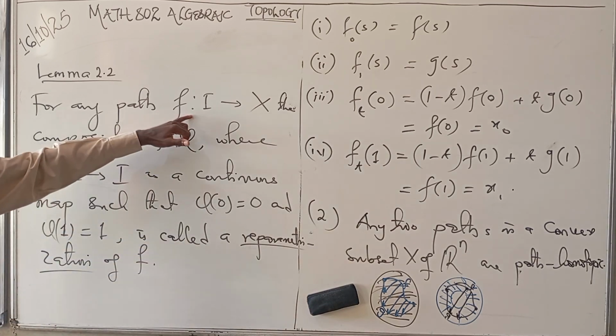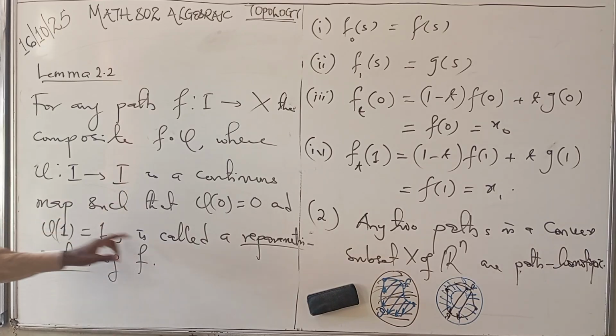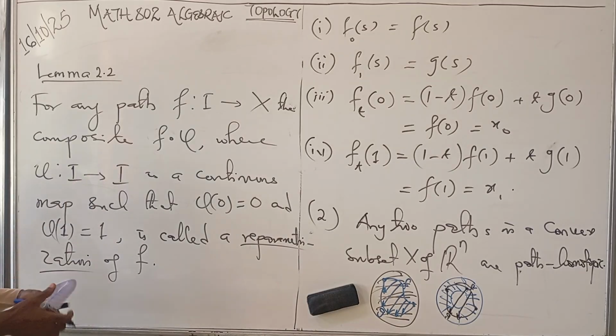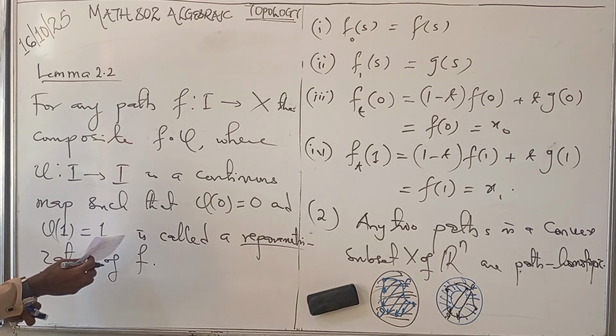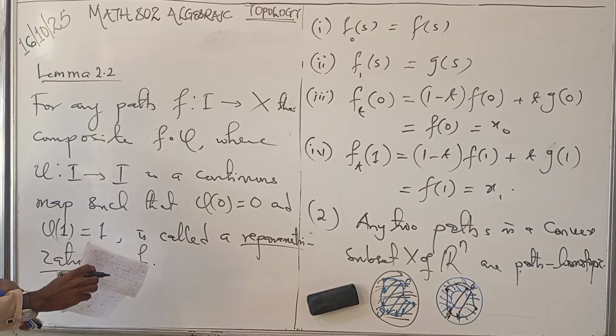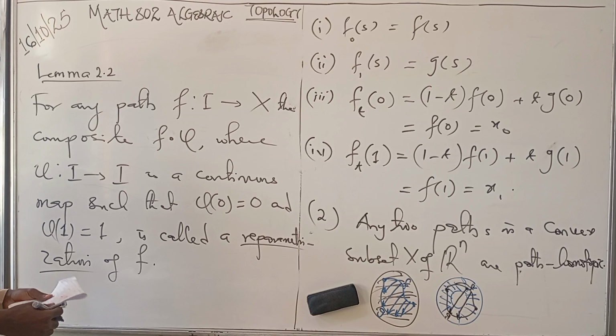So if you have a path, you can reparameterize in this way by choosing any such continuous mapping phi from I to I. But the theorem is that whenever you reparameterize, the reparameterization is always path homotopic to the map.